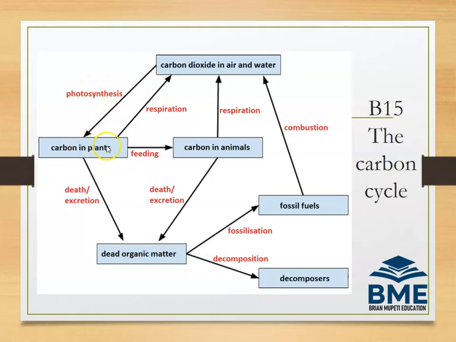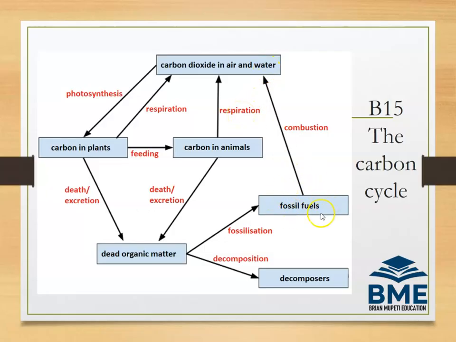The carbon in plants can move into carbon dioxide in air and water through respiration. Carbon in plants can move into carbon in animals through feeding. The carbon in animals can become carbon dioxide in air and water through respiration.